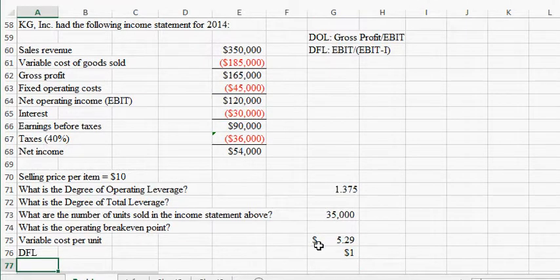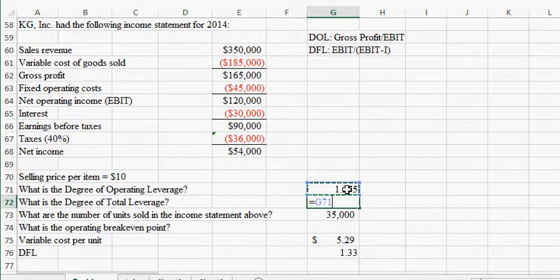And we'll turn that back into a number, and so our DFL is 1.33. So our degree of total leverage is the 1.375 times the 1.33, and it's 1.833 repeating.